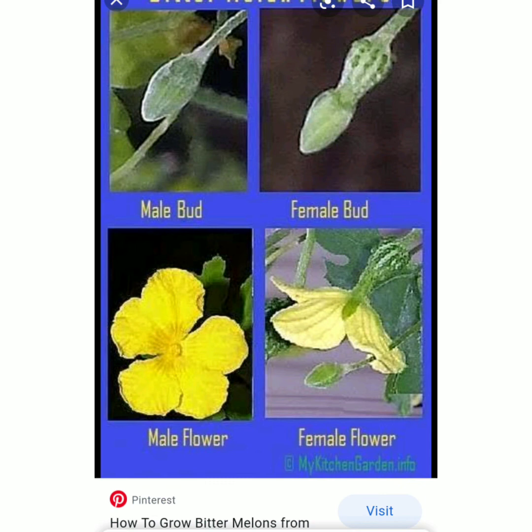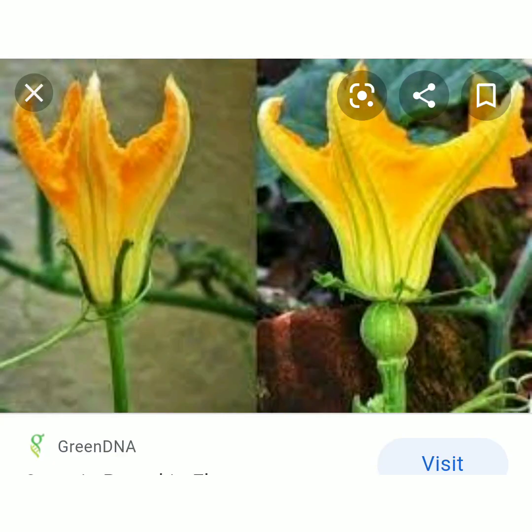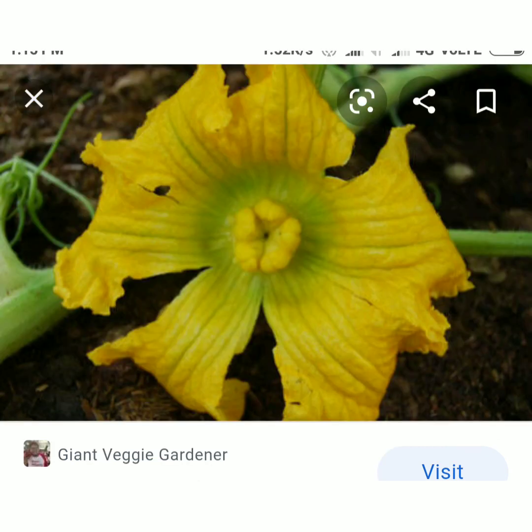For example, pumpkin. In pumpkin, there are male flowers and female flowers. Female flowers have a swollen basal portion because later it becomes the fruit. Male flowers do not have swollen portions and do not produce fruits.